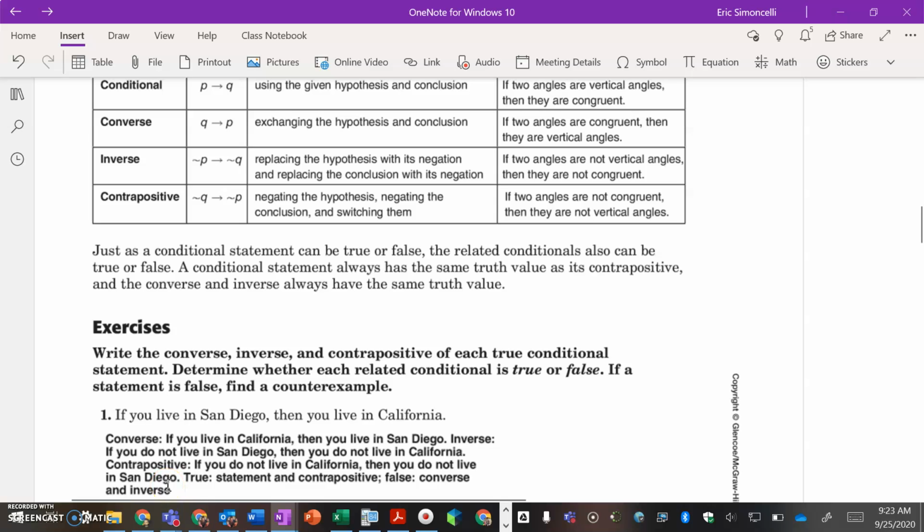Think about whether or not that's true. If you don't live in California, how could you possibly also live in San Diego? So that's obviously true. The true statements are the contrapositive and the original, of course. We call it the statement and the contrapositive. And the false statements are the converse and inverse.